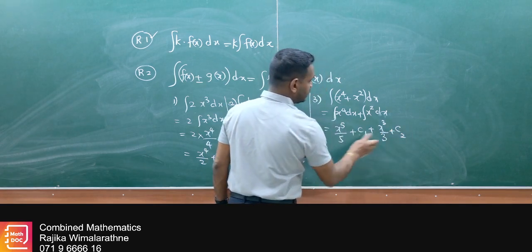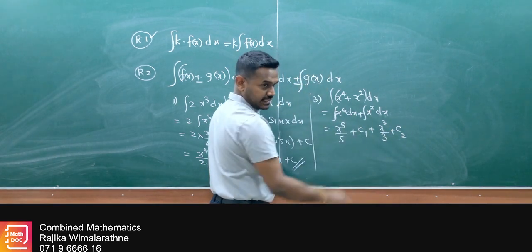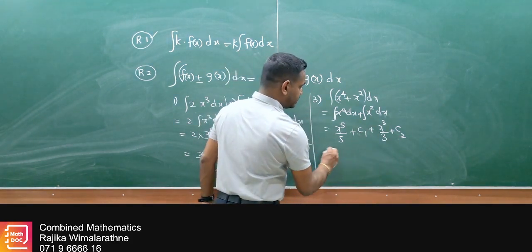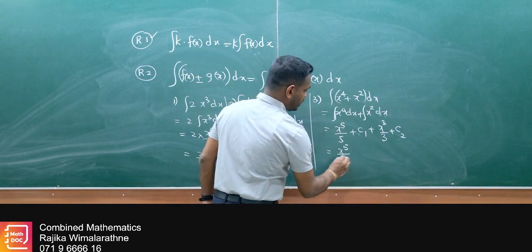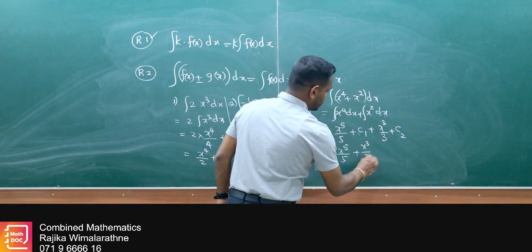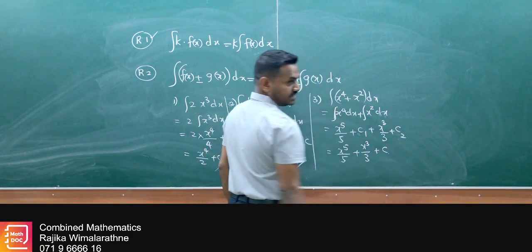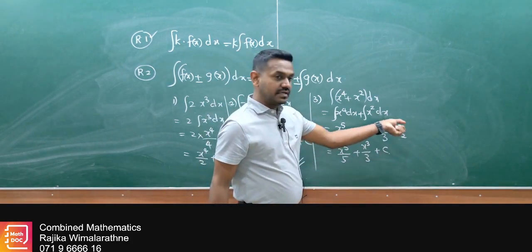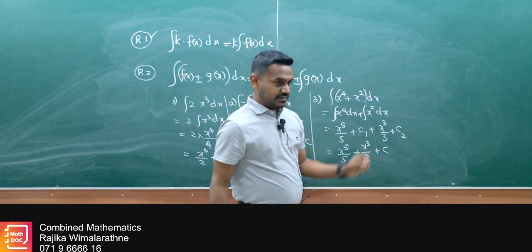There can be two arbitrary constants, one for each integral. Then by adding these two, you put another new arbitrary constant: x to the power 5 over 5 plus x to the power 3 over 3 plus c. Just write c. No need to put two separate arbitrary constants. You can write it at once at this stage.